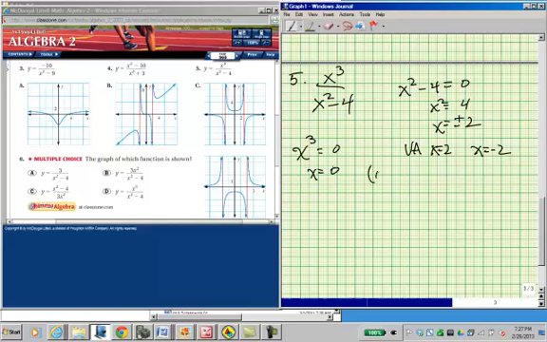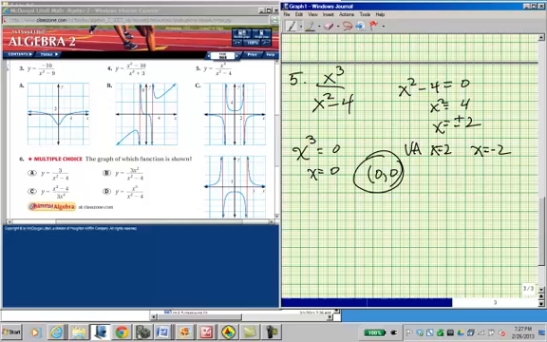So, when x is 0, y is 0. And you can see that B has an x-intercept at 0, 0 right there. Okay? All right. So, the graph that goes with equation 5 is definitely B.